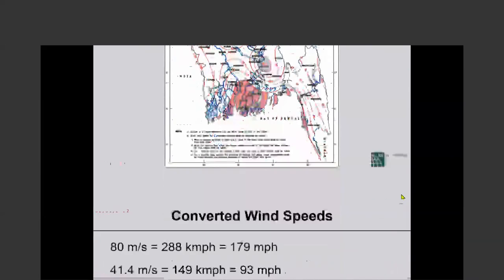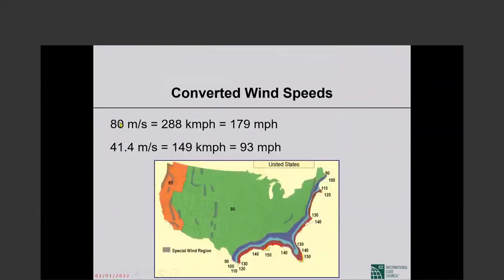So 41 to 80. 80 meters per second is 179 miles per hour, and 41, the lowest value, meters per second is 93 miles per hour.